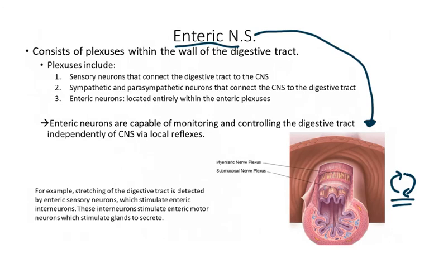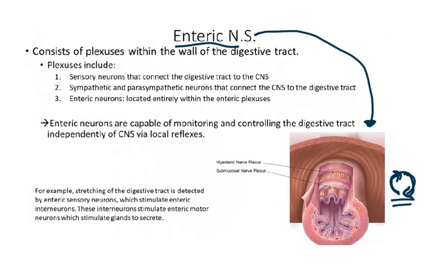If you cut innervation to the gut, your gut would possibly be able to behave completely on its own by receiving sensory input saying, oh, there's something inside the stomach, to which the stomach would then contract and maybe push things along. So the enteric nervous system controls your digestive system and could be completely on its own.